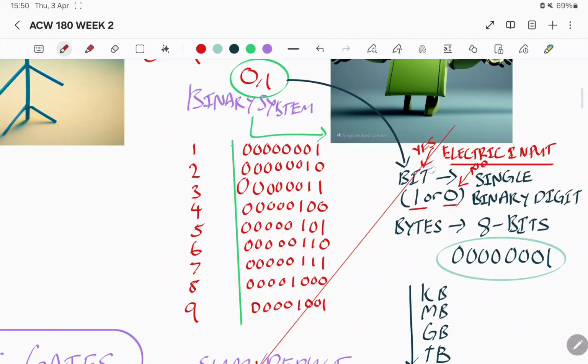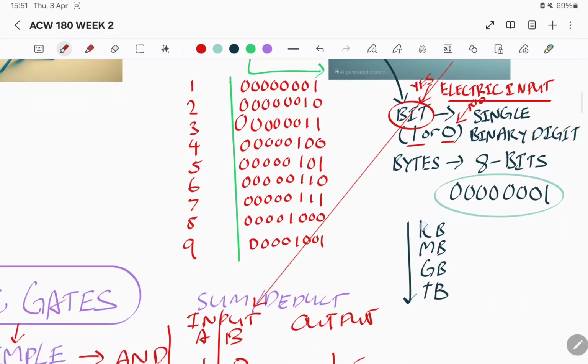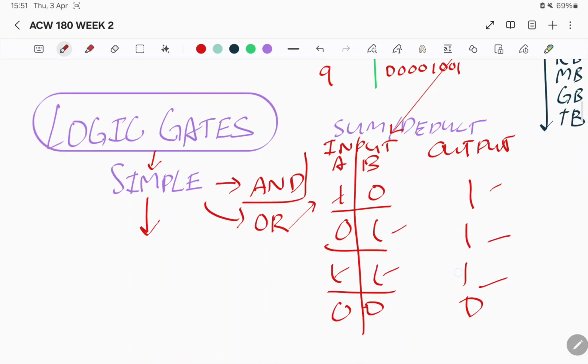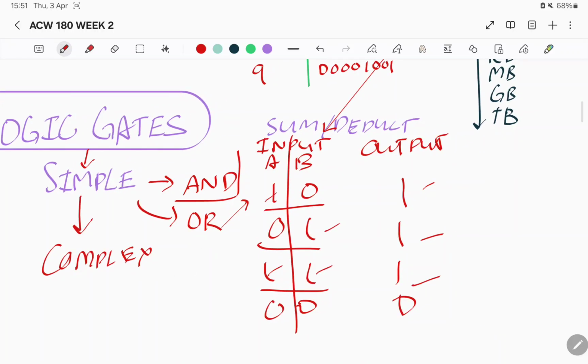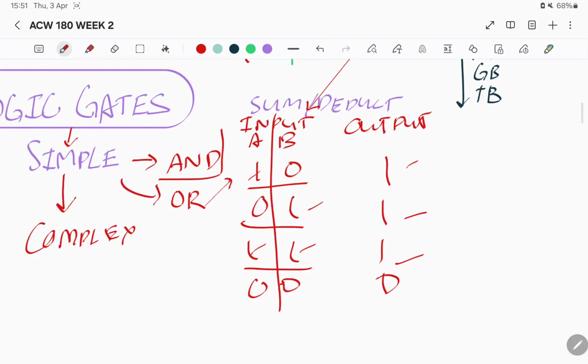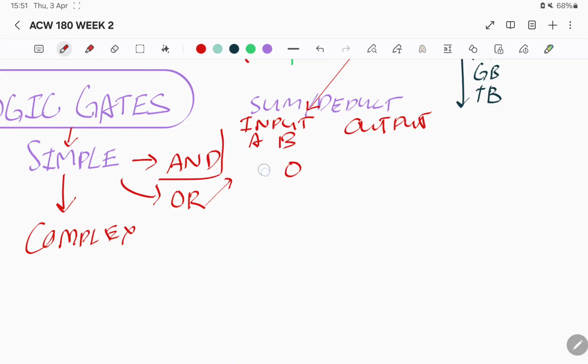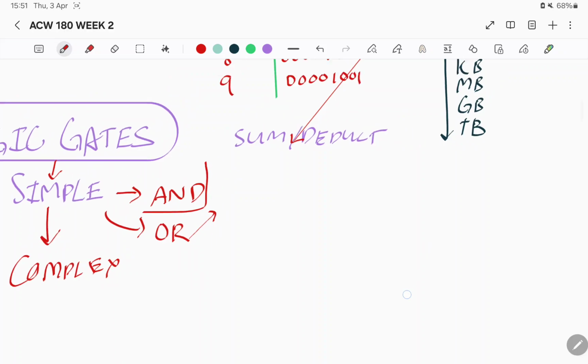It only looks at the very basic bit, like 1 or 2 bits. In a complex gate, there are a few simple basic gates that will be combined. There are of course a lot of different combinations, which we're not going to go into depth on. We're not learning them anyway, but I just want to let you know.